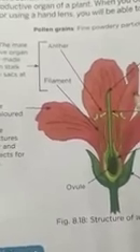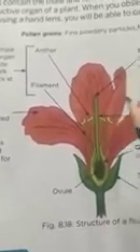So dear students, now come to the pistil part. The pistil is the female reproductive organ of a flower that consists mainly of three parts. What are those three parts? Stigma, style, and ovary.